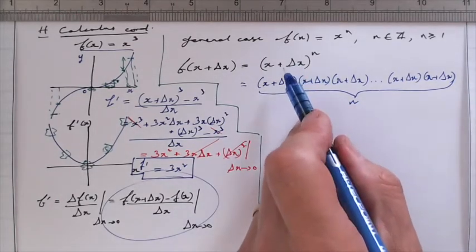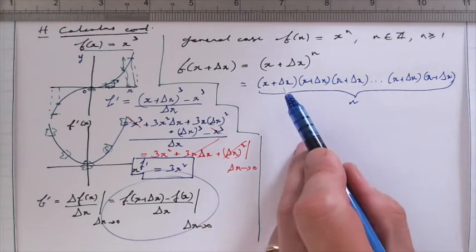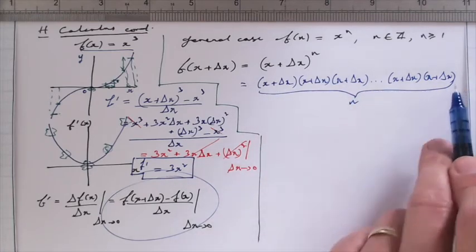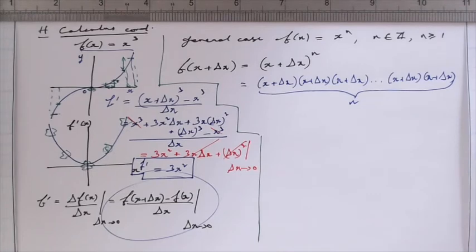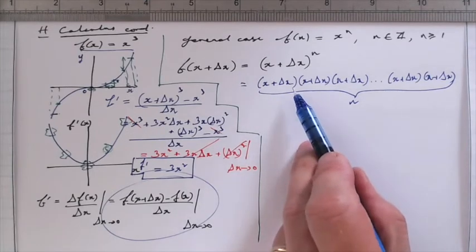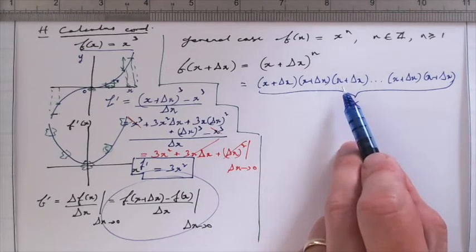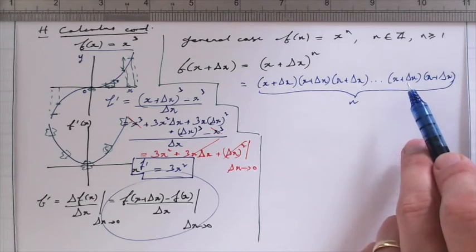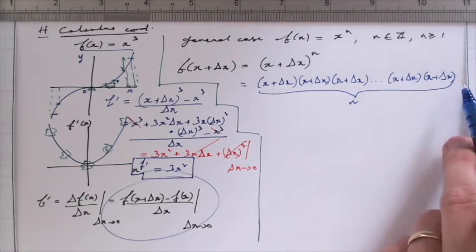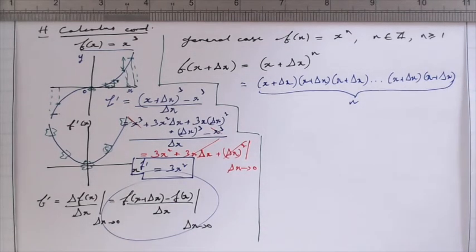So that's what this literally means. It is a string of brackets all multiplied together, and there are n of them in total. Now let's remember that delta x is very small, so we have big plus small times big plus small times big plus small, and so on, n times.